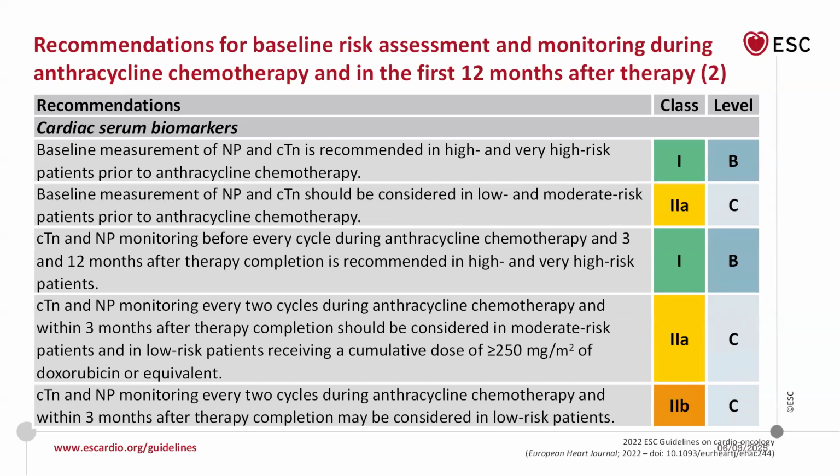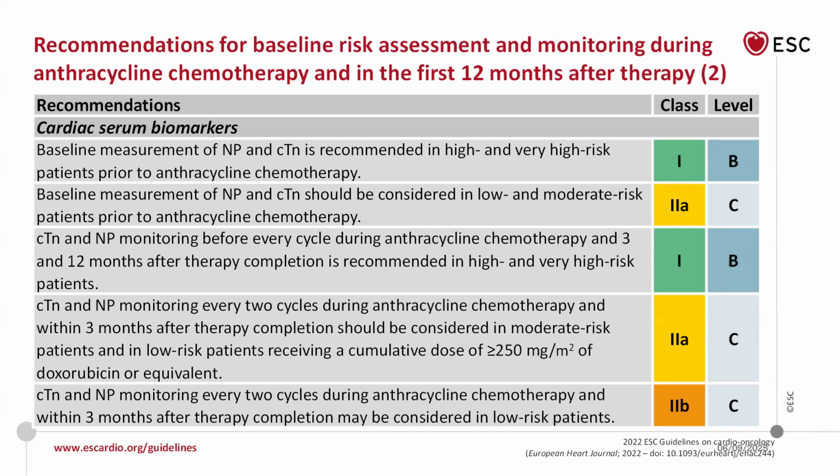And then on the cardiac biomarkers, a baseline measurement of natriuretic peptide or cardiac troponins is recommended in high and very high risk patients prior to anthracycline chemotherapy. And this also has a class 1 indication. And a baseline measurement of natriuretic peptide or cardiac troponin should be considered in low and moderate risk patients prior to anthracycline chemotherapy.